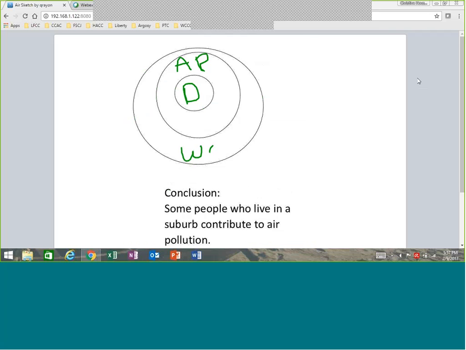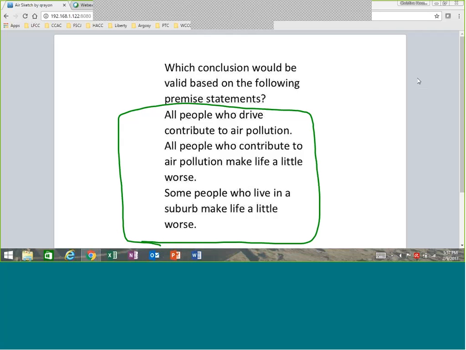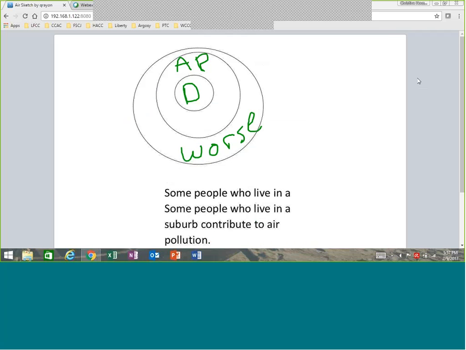So this is worse. So it looks like that. Last premise statement. Some people who live in a suburb make life a little worse. So that's the sum A, R, B.